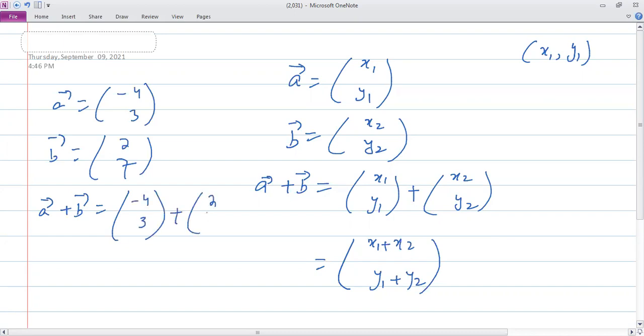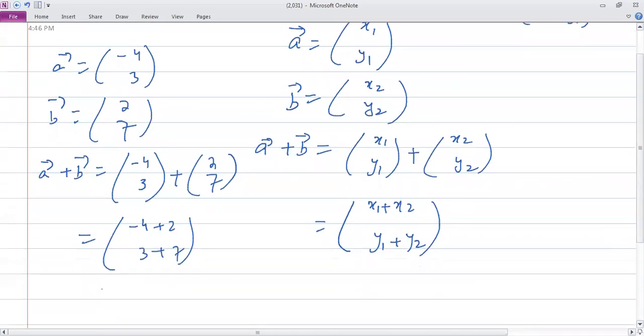Then write (2, 7). Now, -4 plus 2. And 3 plus 7. -4 plus 2 is -2. 3 plus 7 is 10. So it means A plus B will be (-2, 10).